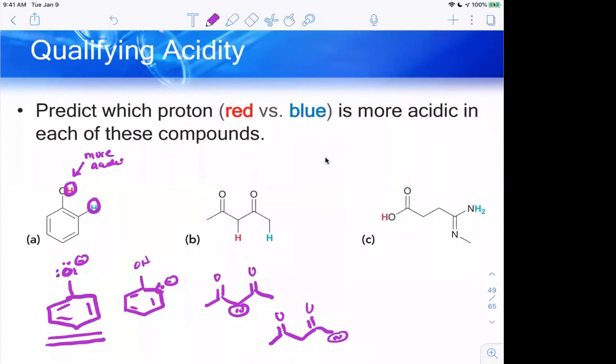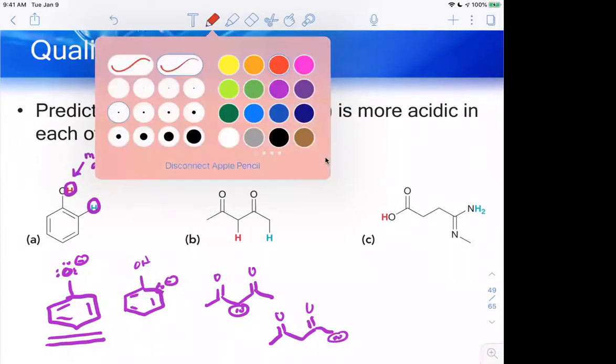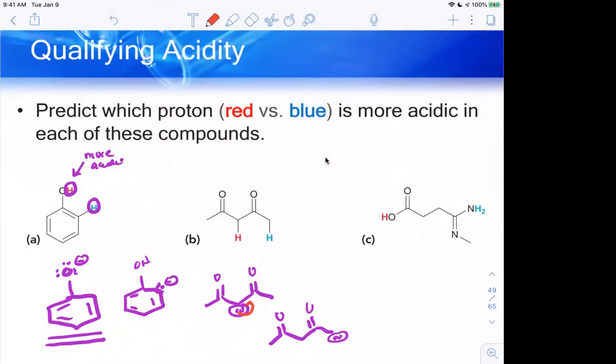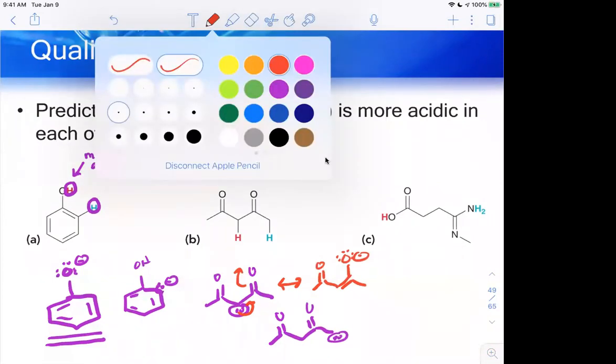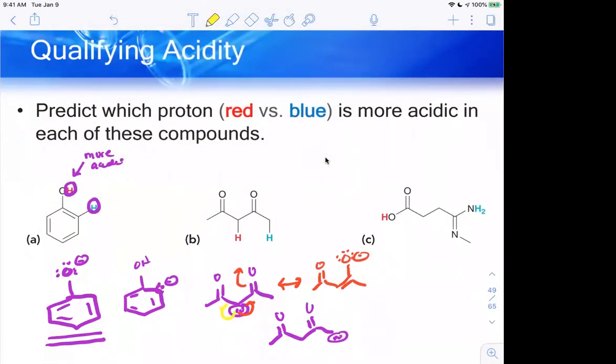So let's look at resonance. I have resonance that goes this way, and I have resonance that goes this way.